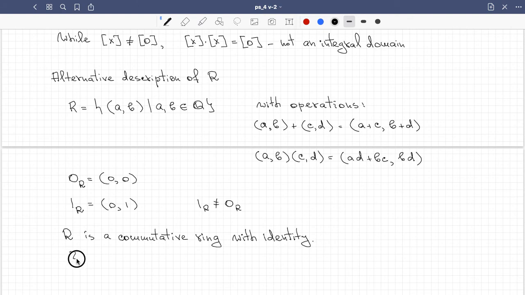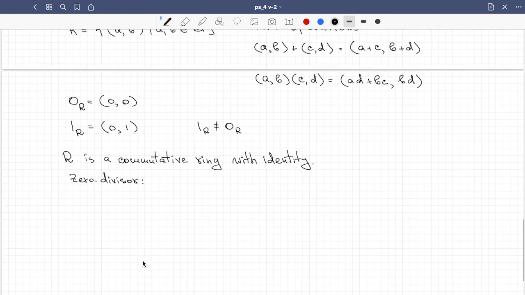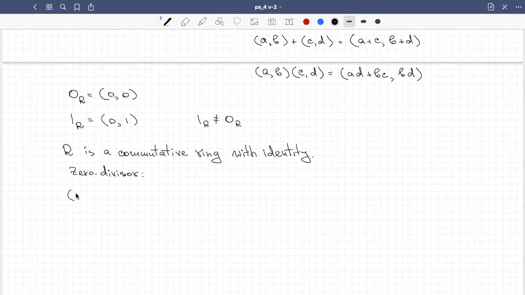The zero divisor, which we found, is the following. This is (1, 0) times (1, 0). The element is different from (0, 0), so it is not 0. And with this operation, you can easily check ad plus bc, 0 plus 0 is 0, and bd is 0, 0 times 0 is 0.